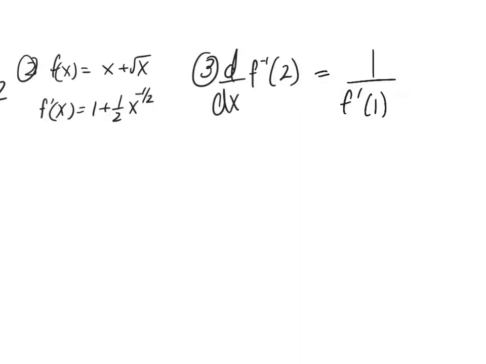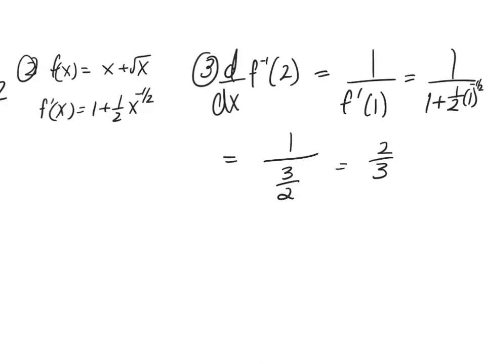So this is equal to 1 over 1 plus 1/2 times 1 raised to the negative 1/2, which is just 1. So this is equal to 1 over 3/2. 1 plus 1/2 is 3/2. So my final answer is 2 over 3.